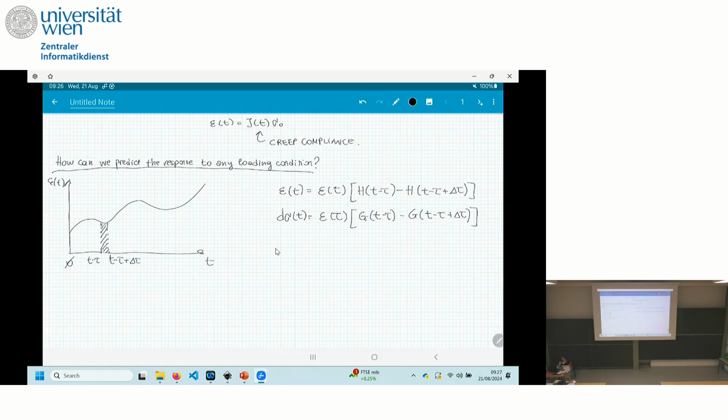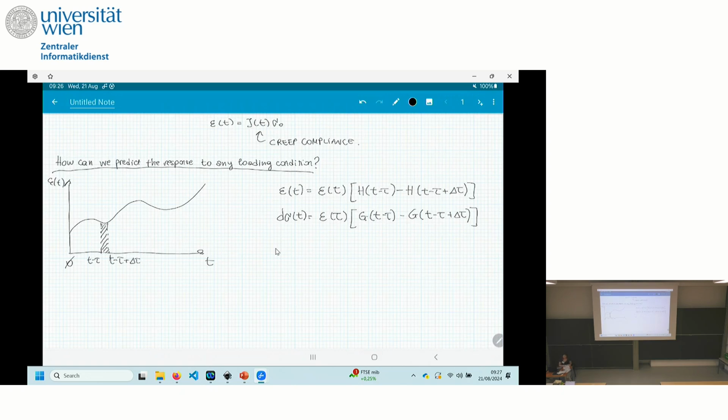And now we know that if we take the derivative of the relaxation function, the limit for delta tau that goes to 0 is g of t minus tau plus delta tau minus g of t minus tau over delta tau.